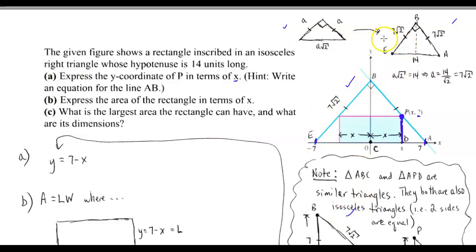So what I've done here is I've taken the triangle EBA, and noting that since it is an isosceles triangle, where my hypotenuse is 14 units, and knowing that any isosceles right triangle follows this format, what I know is that both of these sides here will have to be essentially what the hypotenuse is divided by square root of 2, okay? And so that's what I'm stating here, that a times square root of 2 would have to be 14.